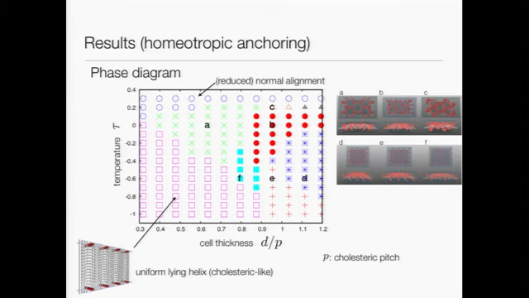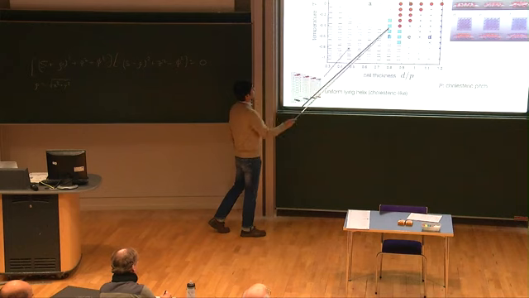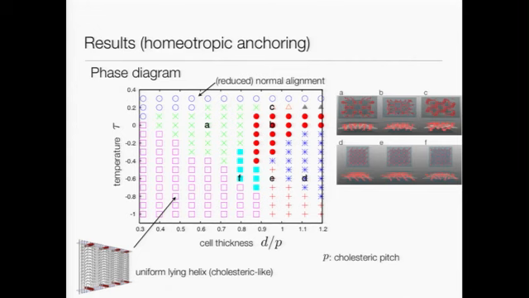And so here is the uniform line helix. So this is a structure with a single twist. And the above is the normal alignment, without any particular structure. But in between, depending on cell thickness and temperature, all of these 6 configurations find their stable region like this.